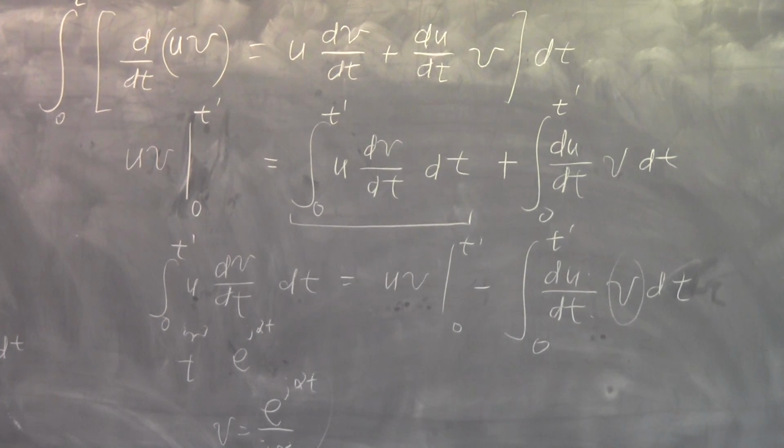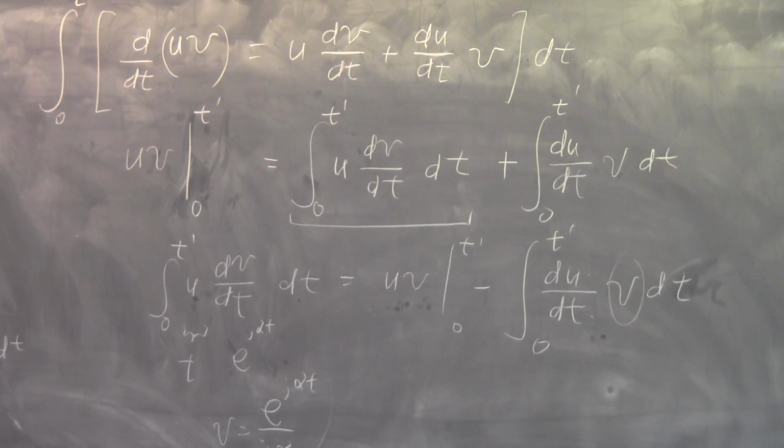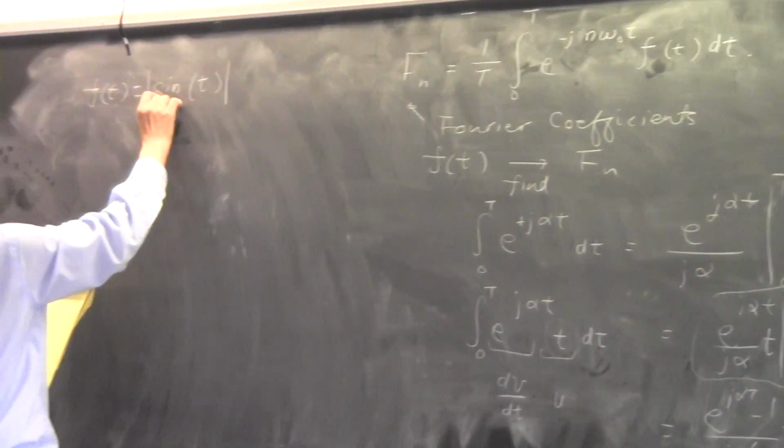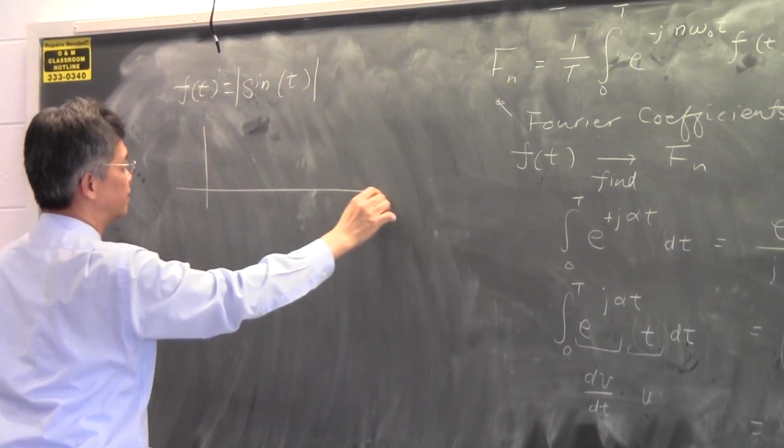Say f of t is the magnitude of sine of t. Magnitude. So this converts a sinusoidal function into something that is always positive.